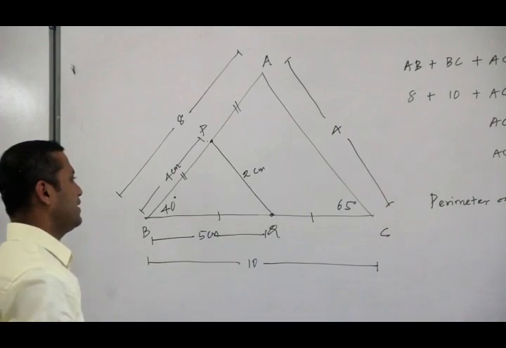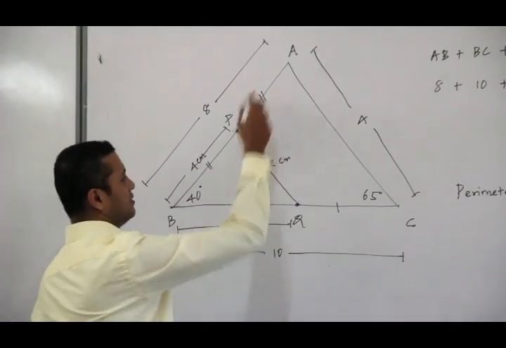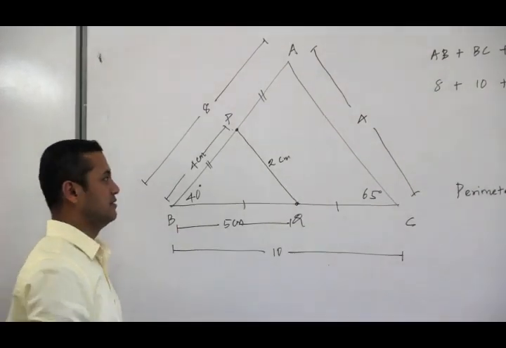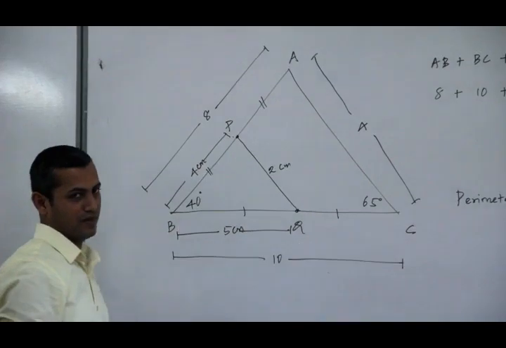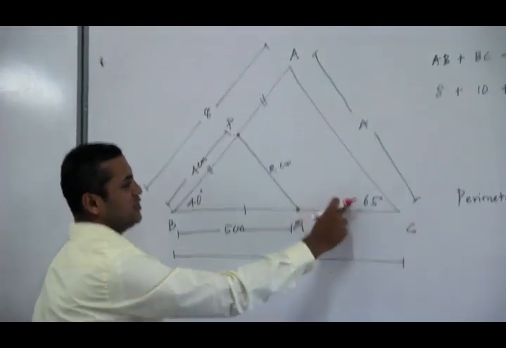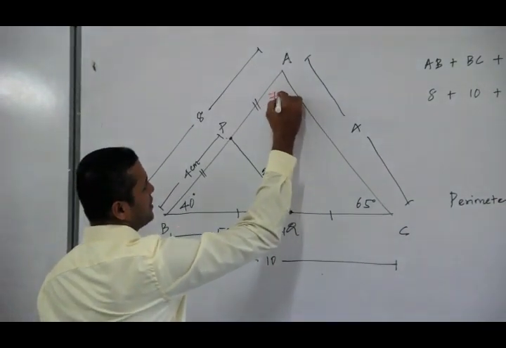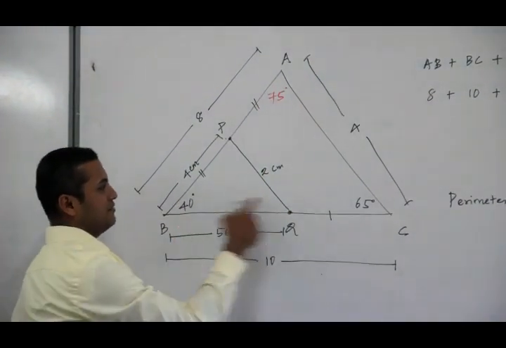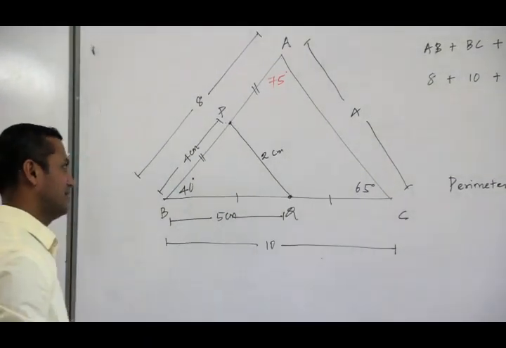Look here. Consider this large triangle. In this large triangle, in grade 9 we studied the sum of interior angles of a triangle. How much? 180, right? Addition of these two, 105. 105 plus 75, 180.